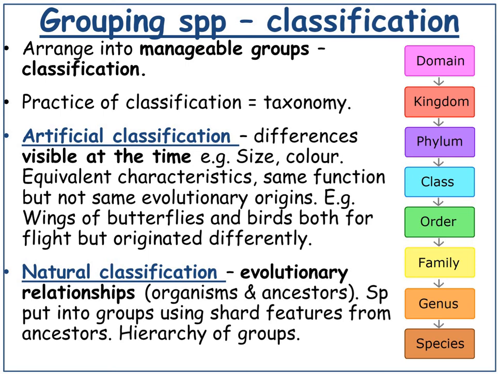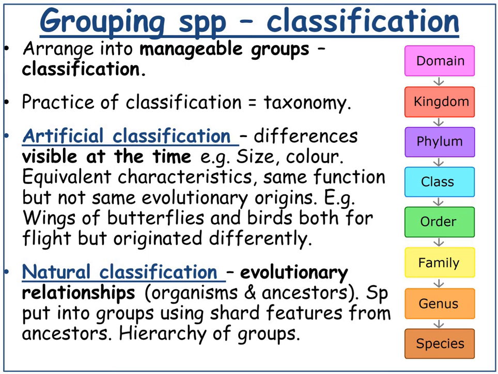So classification is where you arrange organisms into manageable groups, and the practice of classification is known as taxonomy. You can either use artificial classification, which uses differences that are visible at the time, e.g. the size, colour, same characteristics, same function, but not necessarily the same evolutionary origins, e.g. wings of butterflies and birds, both for flight, but they originated differently.